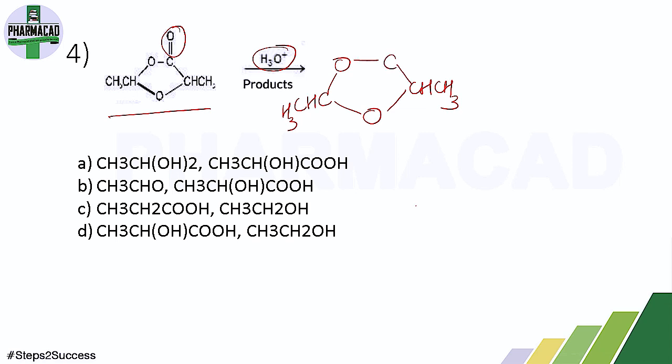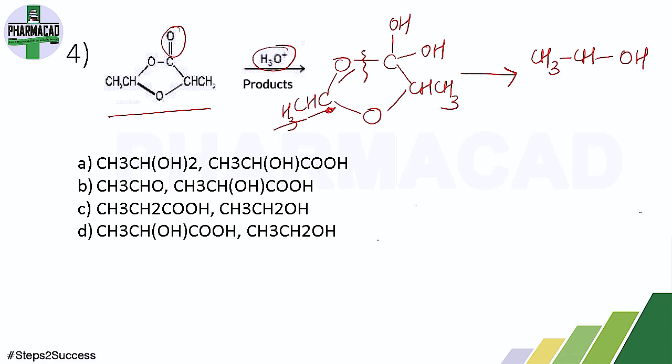Instead of C double bond O, it gets converted into COH and COH. After that, what will happen? Now this bond gets broken and we will get this CH3, this CH and OH. So CH3, CH, OH.